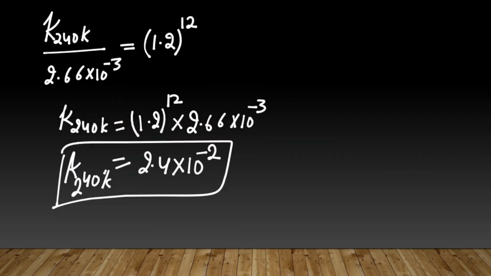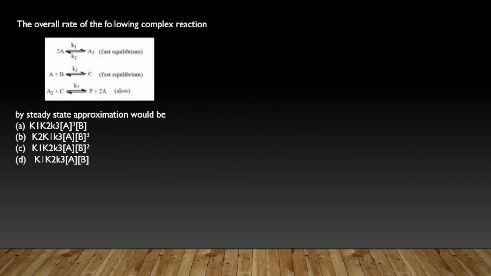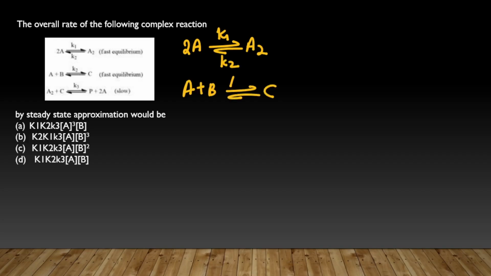Right. Next we have this question. It says the overall rate of the following complex reaction. The reaction given to us is 2A in equilibrium with A2, with rate constants K1 upon K inverse. A plus B is in equilibrium with C at the rate constant K2, and this will be K inverse in the above reaction.